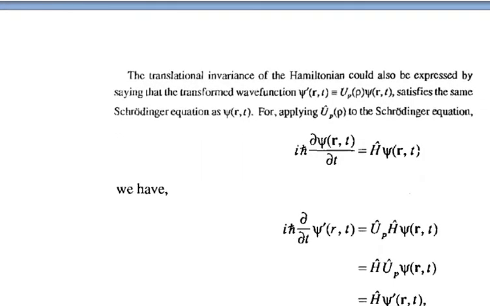The translational invariance of the Hamiltonian could also be expressed by saying that the transformed wave function psi prime of r,t equal to U_p(rho) psi of r,t satisfies the same Schrodinger equation as psi of r,t.